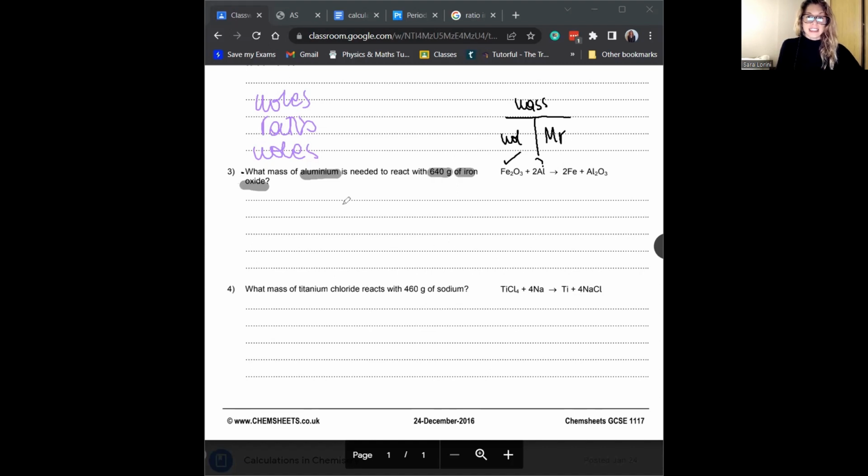You could highlight the numbers, but it's important not to overdo it with highlighters because it could be confusing. That's why I think it's useful to translate that into the equation. You could also write, okay, what do I have? I have 640 grams of this, and this is what I need to find. That could be another way to make it really nice and clear.